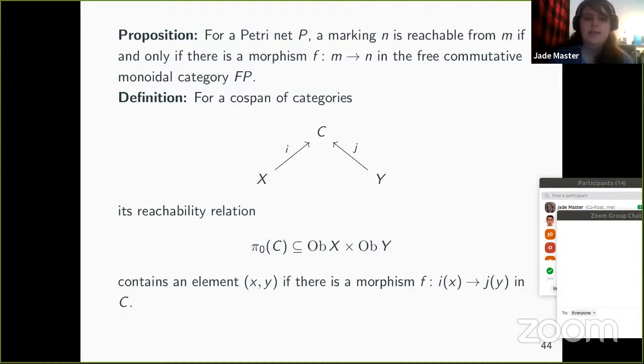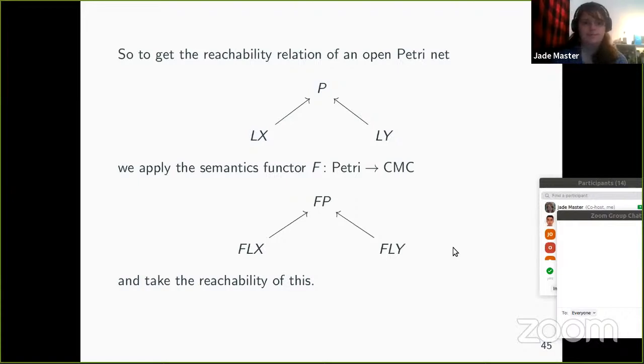So really, we can think about this for any sort of cospan of categories and take its connectivity as a relation on the objects of x and y, which contains an element if and only if there's a morphism from i of x to j of y. So to get the reachability relation of an open Petri net, first you can apply the semantics functor, and then you can take the connectivity of this, or the reachability of this.